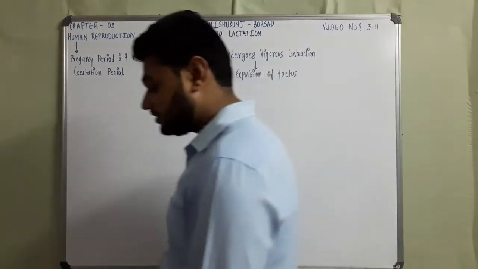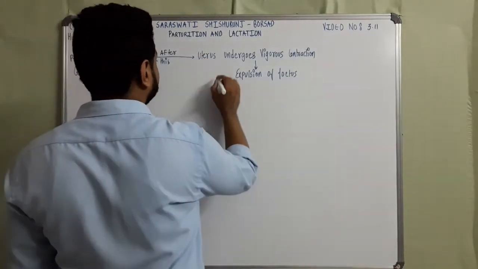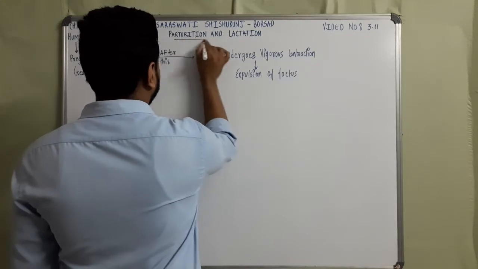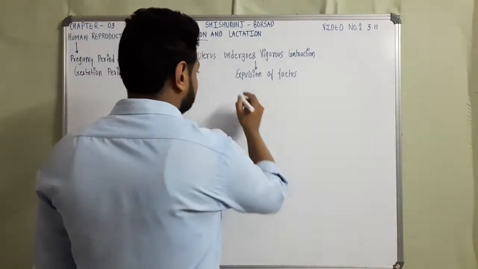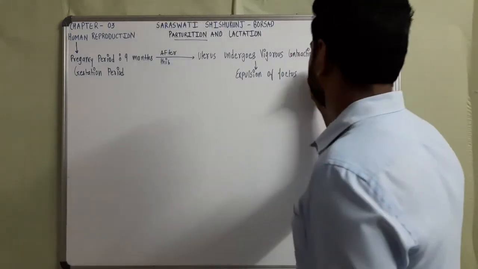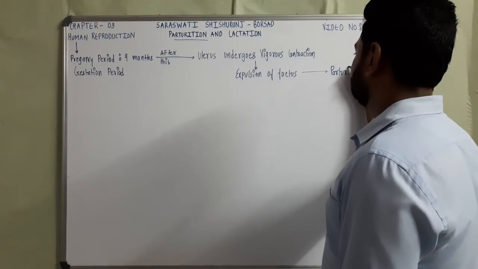When the expulsion of the fetus occurs, this is referred to as childbirth, and it is also referred to as parturition. That is our topic.